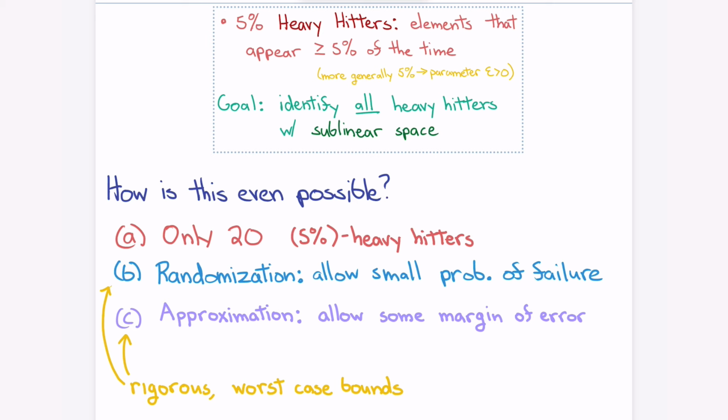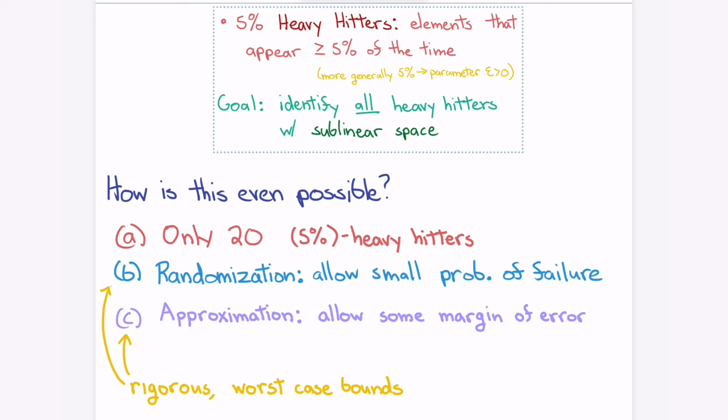We'll allow some margin of error. As long as we get all the heavy hitters, and maybe we accidentally include some 4% or 3% elements, pretty big but not exactly heavy hitters, we'll have some margin of error. And that'll give us a little bit more space.